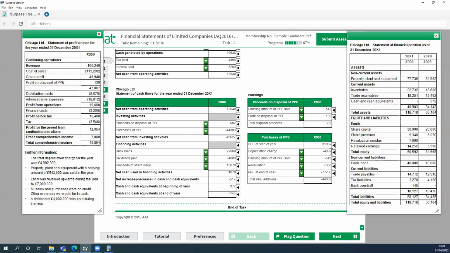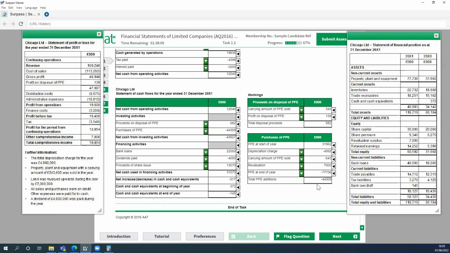So therefore, let's go through it again. So PPE at the start of the year was 31,962. Depreciation charge, 4,992. The carrying amount of the asset that was disposed of was 543. The revaluation was 7,000. And then your PPE at the end of the year, so minus 77,736.